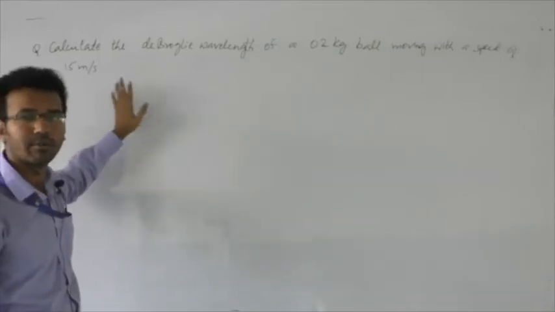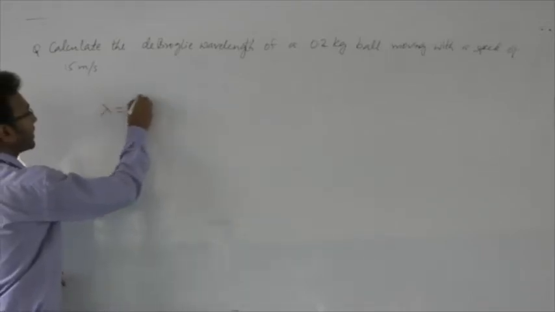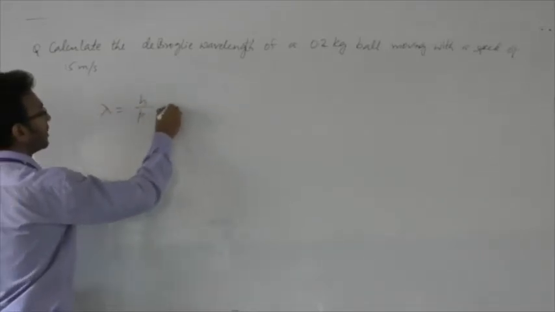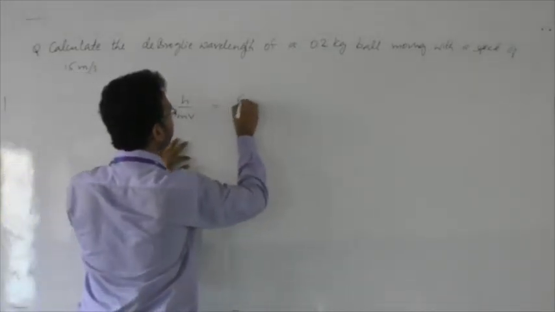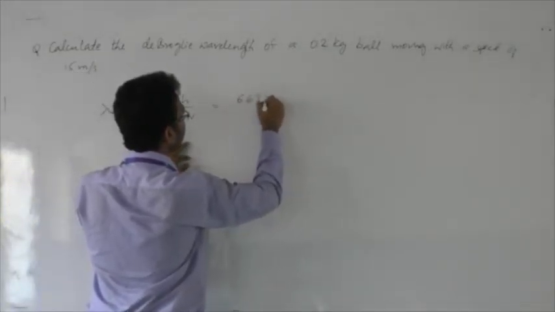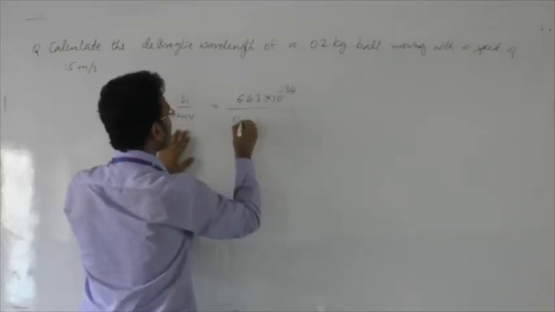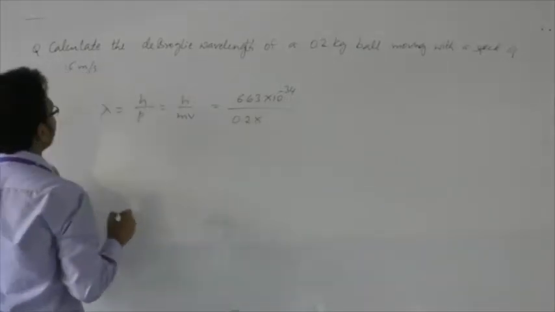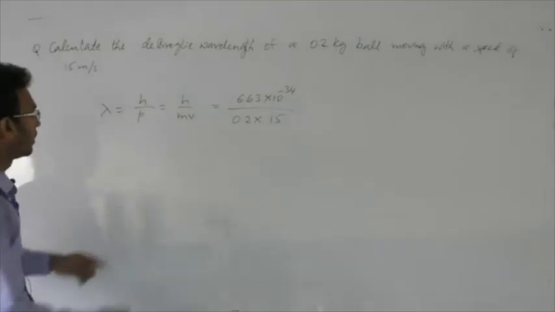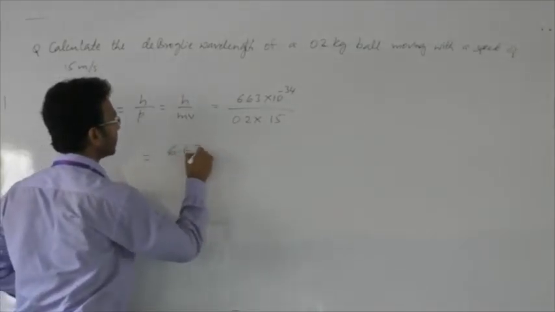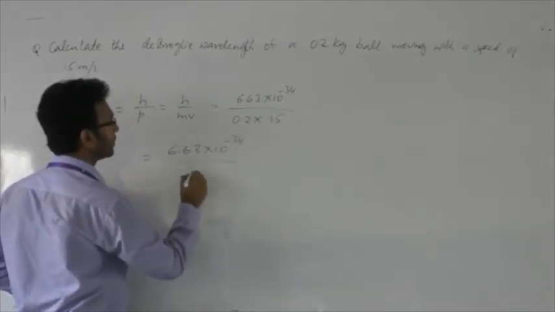So you have momentum for that ball. So what is the wavelength formula? I have given lambda is h by p, h by mv. So simply it is 6.63 into 10 power minus 34 divided by what is mass? It's 0.2 into 15. 0.2 into 15 is 3.